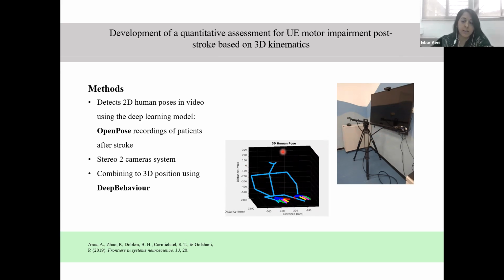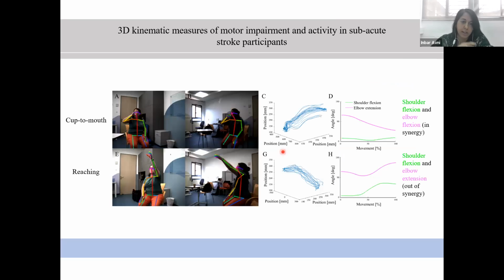And we use the system to record different motor tasks. These are the tasks I'll discuss today. In the top row, you can see the cup to mouth task. You can see here, this is Reut, if you recognize. She's recorded from two angles.